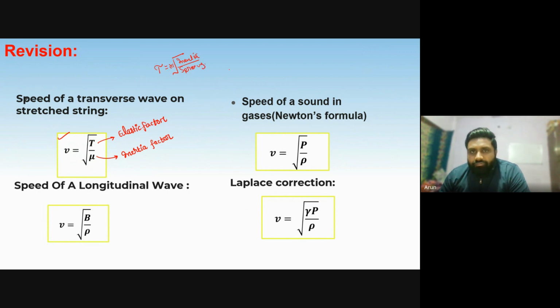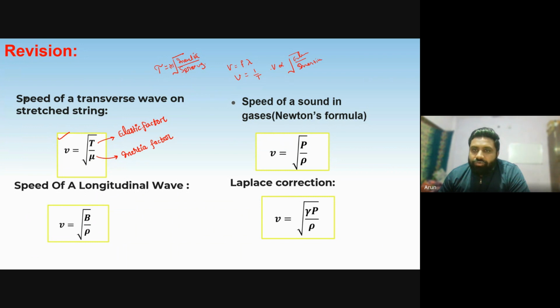Now we know the formula that V is equal to f lambda, and you can write f as 1 by T. So if you put the value of T here, V is directly proportional to what? The elastic factor and the inertia factor.